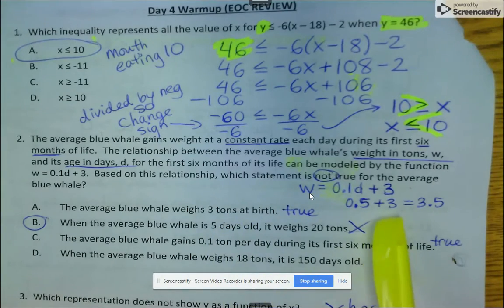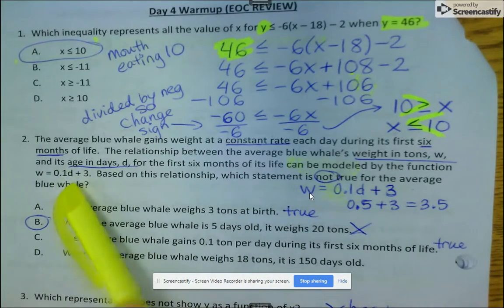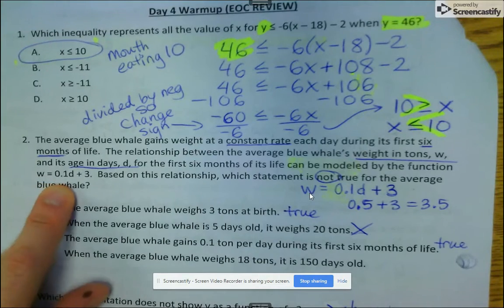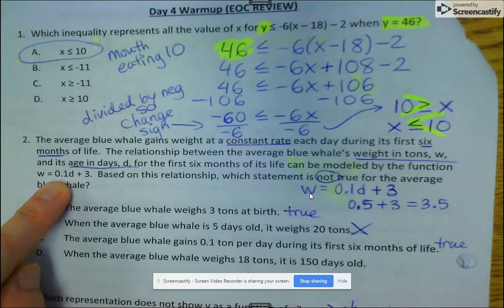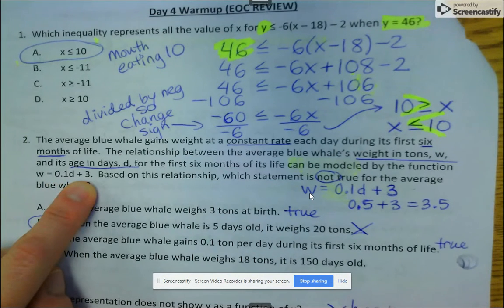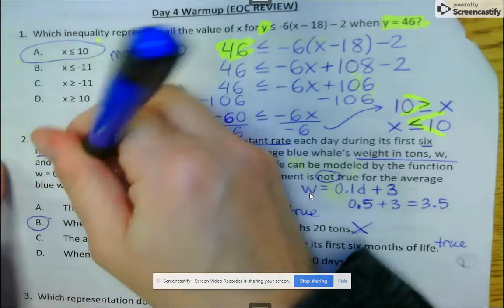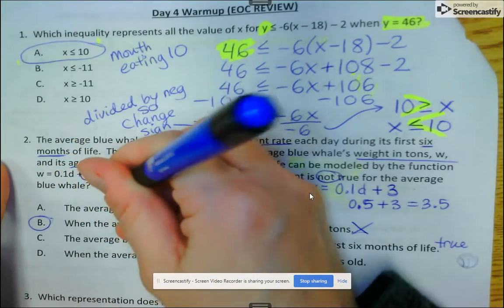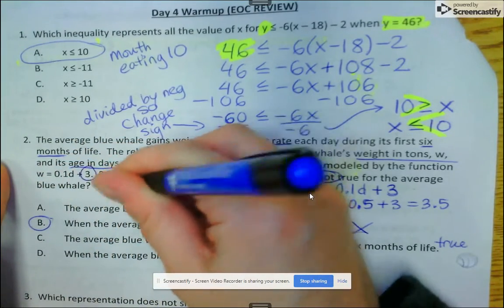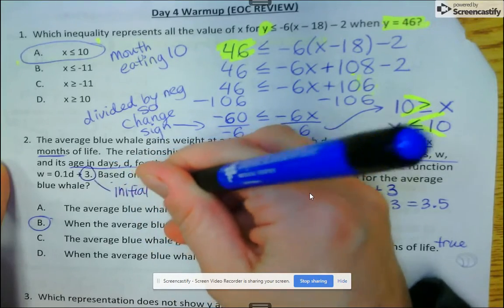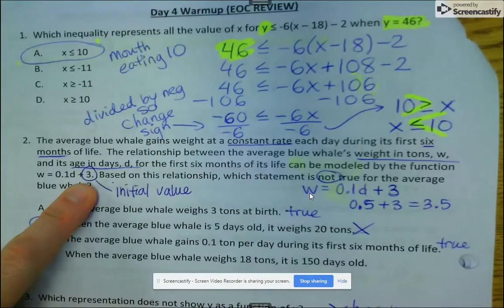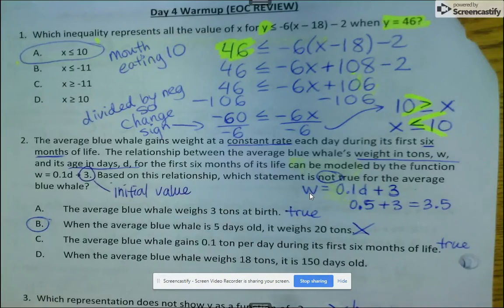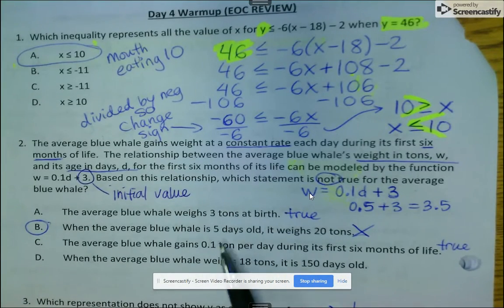Okay, well, let's look at this. So this is our initial equation. This is the rate that the baby whale is growing, 0.1 per day or 10% per day. And 3 is the initial value. So that is your initial value. Remember, the y-intercept or that constant in a linear equation is your initial value. So this one is true.